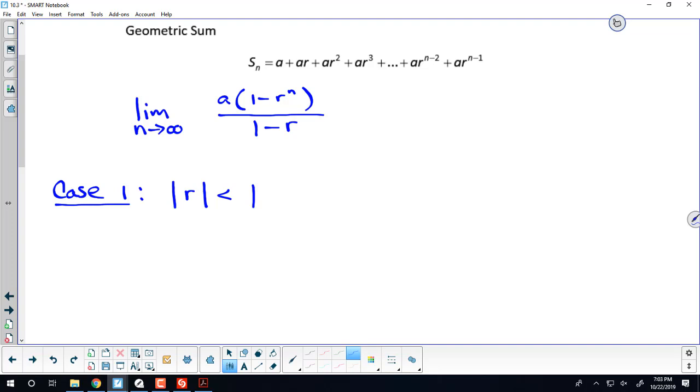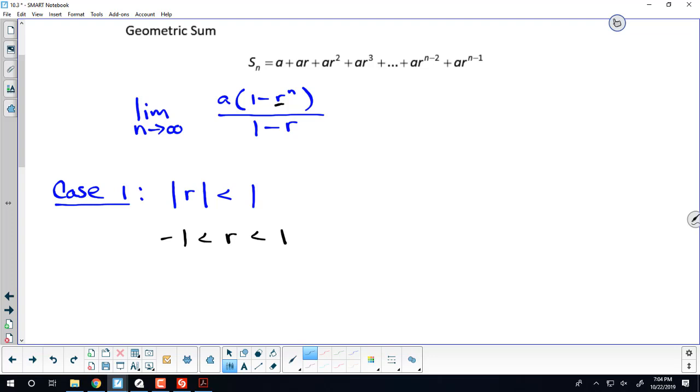So again, what this means is that R is less than 1 but greater than -1. If this R is in between -1 and 1, because all we're doing is computing the limit at infinity, that's the only thing that has the n on it.